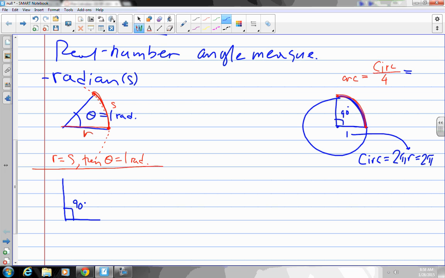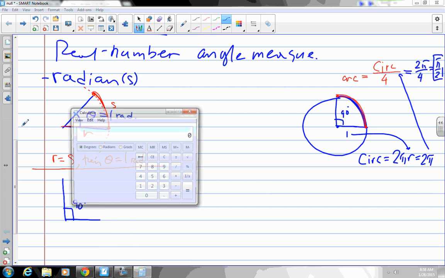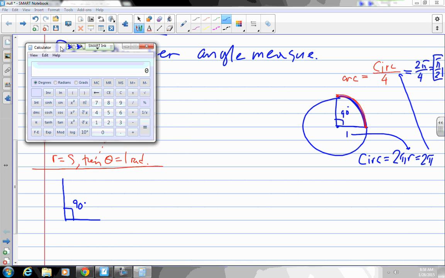So if I plug that in, I'll get 2 pi over 4, so that's pi over 2. So this is the radian measure of a 90-degree angle. I can actually plug it into the calculator. Here's pi, so here's pi over 2. So a 90 degree angle is 1.57 radians.